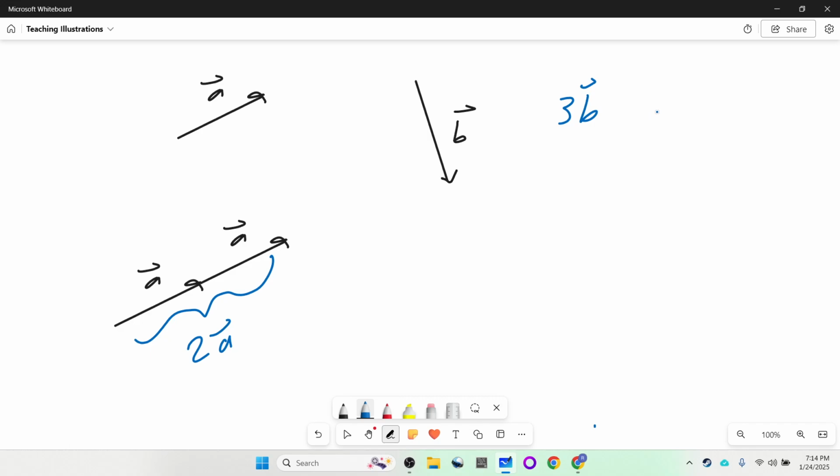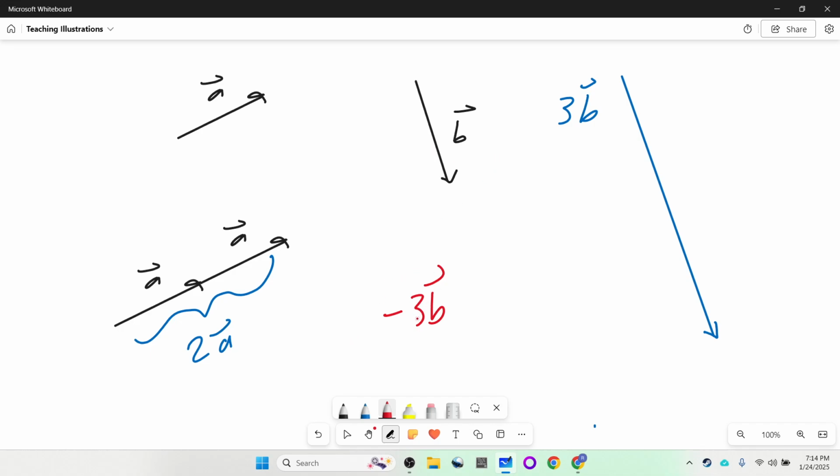3B, you could do the same thing, or you could just try and freehand it here. It'll be about like that, perhaps. Now, what would negative 3B be here? So what we're doing each time is we are multiplying the length by a number, but keeping the same direction.